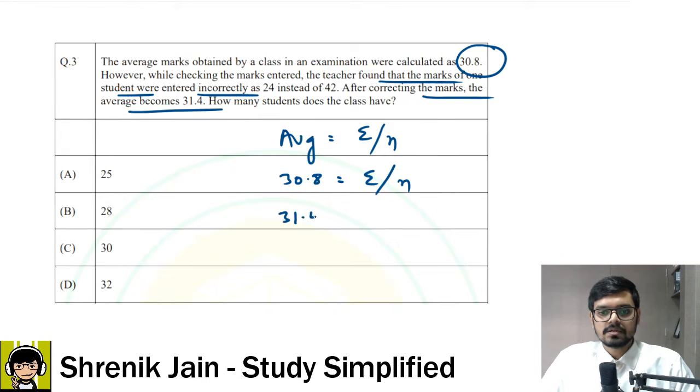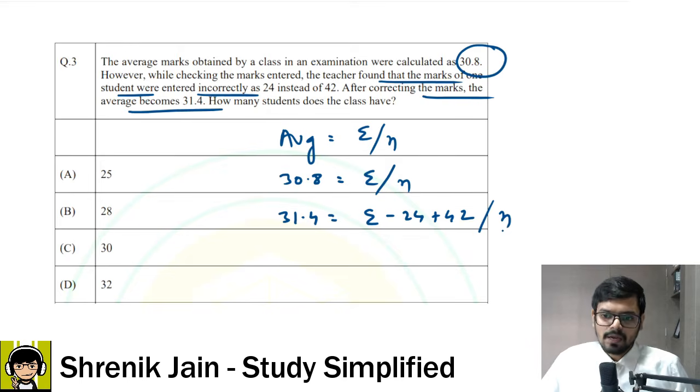So the new average is 31.4, but what correction they did was, in the original summation, they removed the incorrect value, that was 24, and added the correct one, which was the marks that one student obtained, 42. Divide by n only, because still n students are there in the class.